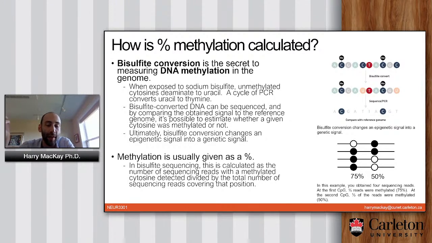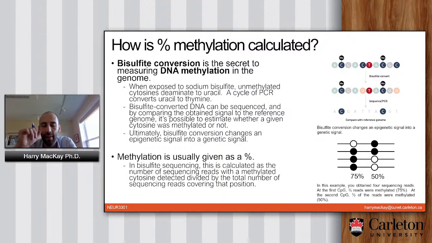So when we talk about DNA methylation in the genome, we typically describe it as percent methylation. The way we calculate this is beginning with a process called bisulfite conversion. This is when you take DNA that you've extracted and expose it to sodium bisulfite. This is a chemical that is quite harsh, it's quite damaging to the DNA, and what it basically does is it converts unmethylated cytosines to uracil, which then through one cycle of PCR converts the uracil to thymine.